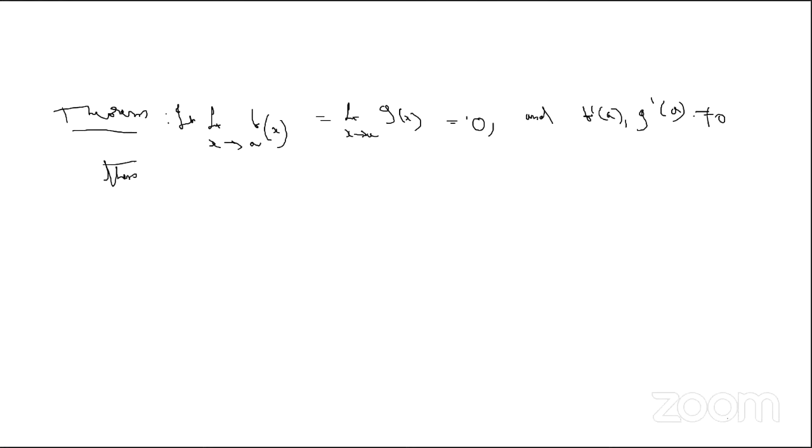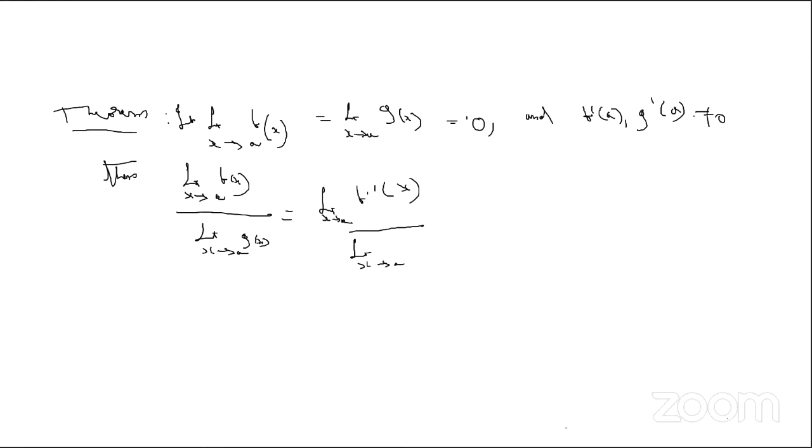Then limit x tends to a, f of x divided by g of x equals limit x tends to a, f dash of x divided by g dash of x.